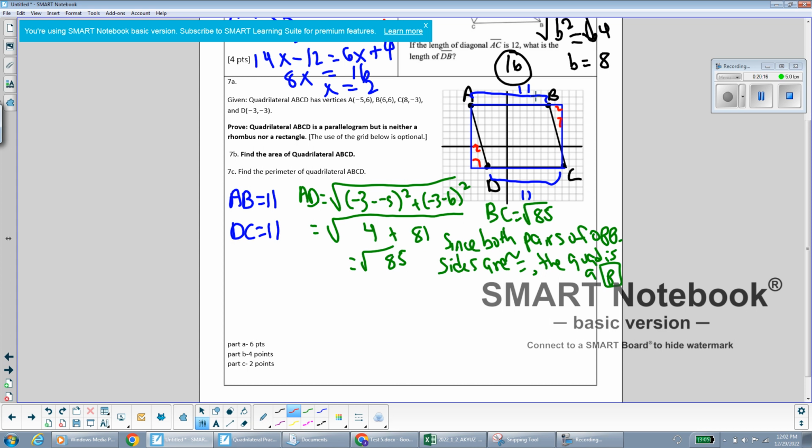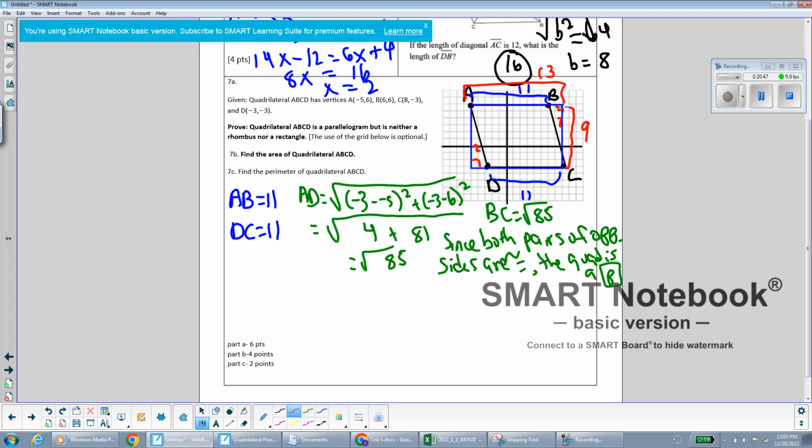First, I'm going to count the boxes for the length and the width of the entire box. So 1, 2, 3, 4, 5, 6, 7, 8, 9, 10, 11, 12, 13. So from A to the end of the box, that is 13 units. And let me count down 1, 2, 3, 4, 5, 6, 7, 8, 9.